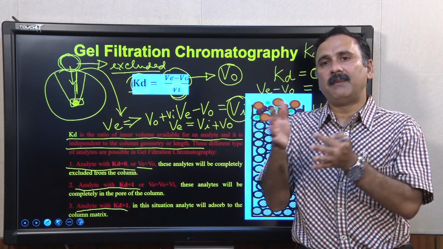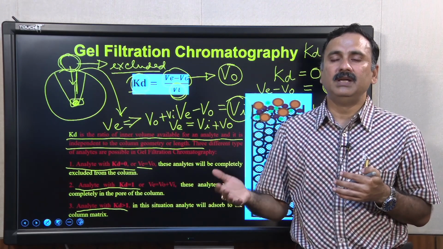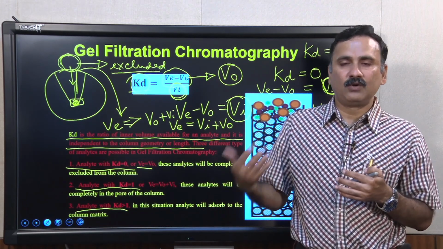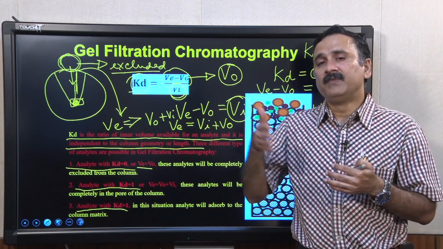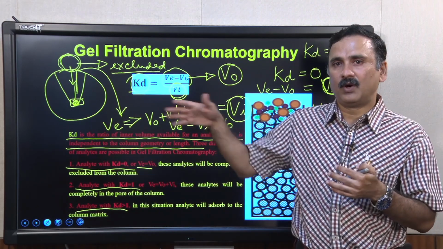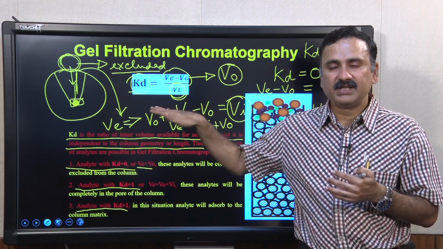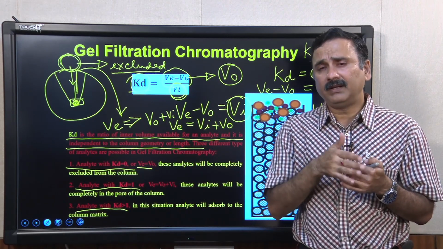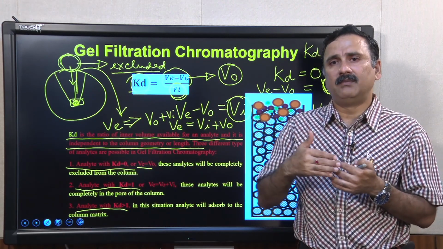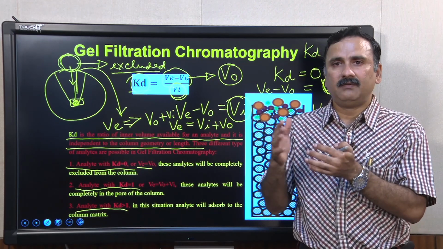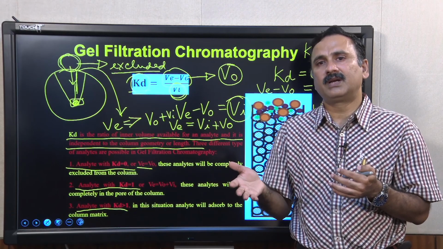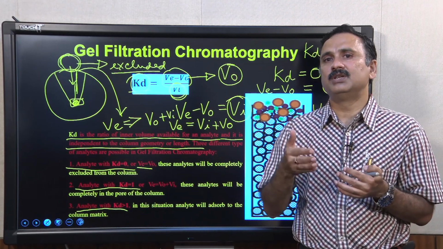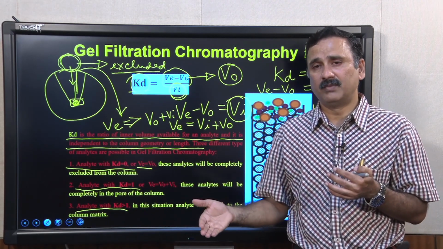So, that actually happens when you are doing ion exchange chromatography or hydrophobic interaction chromatography or affinity chromatography, where the Ve is not following this kind of equation, but the Ve is very much bigger than one column volume or two column volumes. It depends on what kind of gradient you are using in ion exchange chromatography or hydrophobic interaction chromatography.